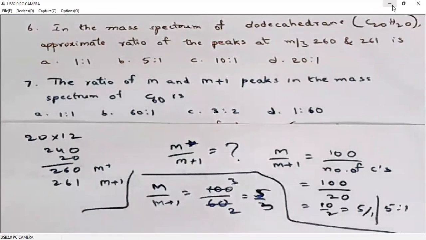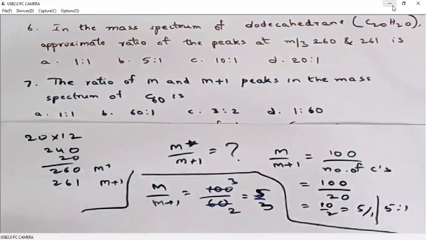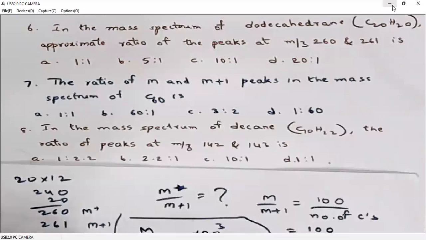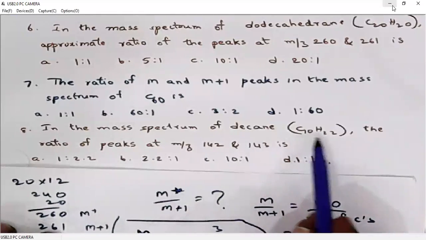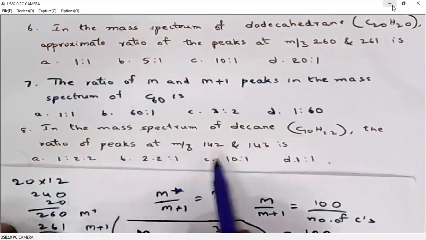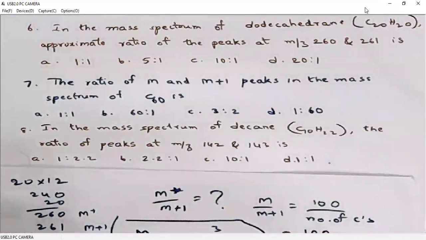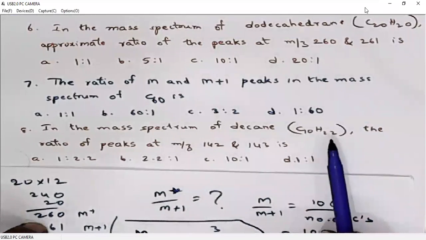In this fashion, if you are given this question, it takes less than 2 seconds. I'll give you one more problem, you practice this. In the mass spectrum of decane, C10H22, the ratio of peaks at m/z 142 and 143 is? First calculate what 142 and 143 are: 10 into carbon 12 plus 22 into 1.